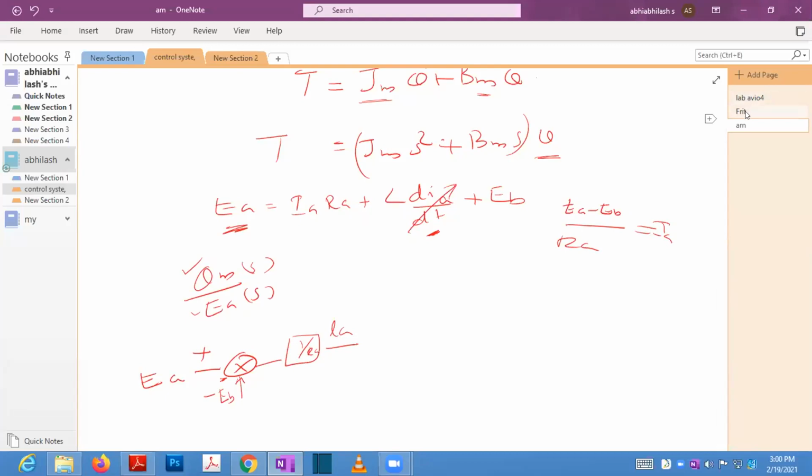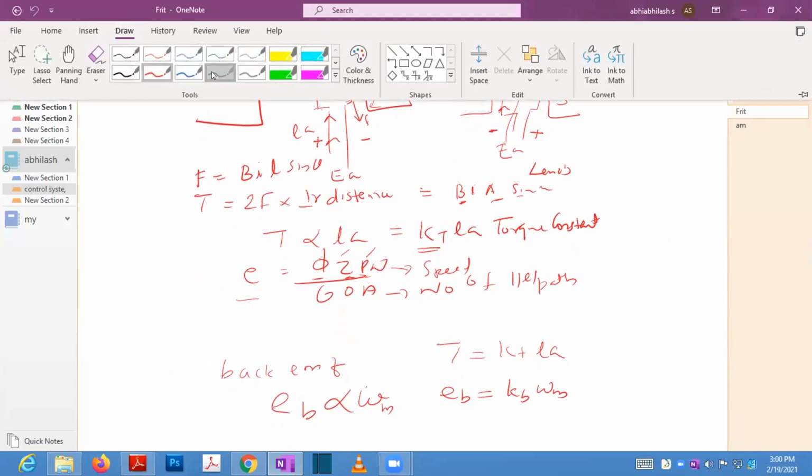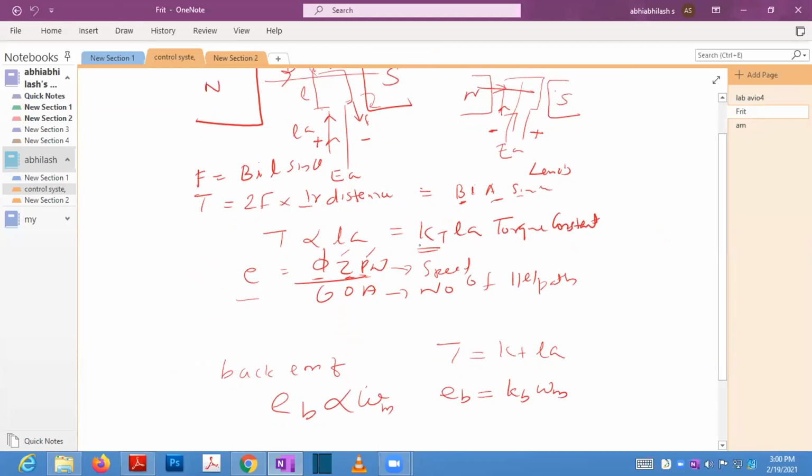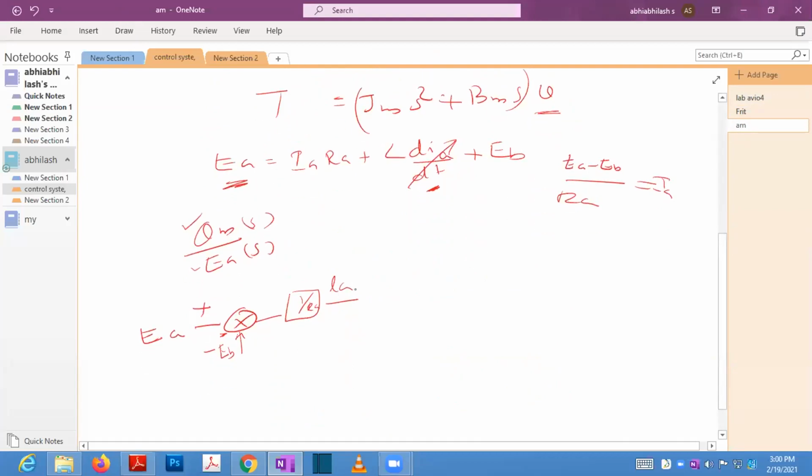And this Ia is multiplied by Kt, which will give you torque. This torque divided by this thing will give you theta.